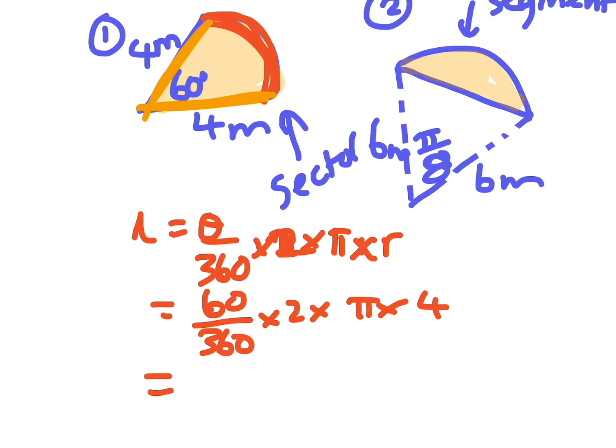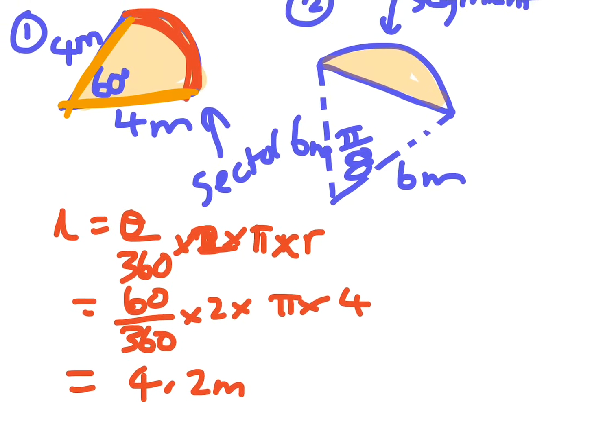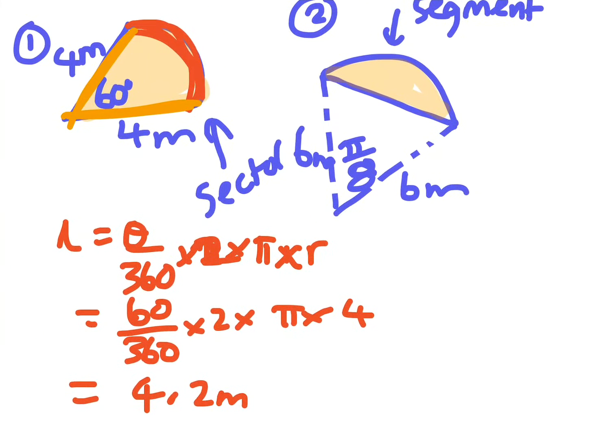That would be 60 on 360 times 2 times pi times 4, which is 4.2 meters.